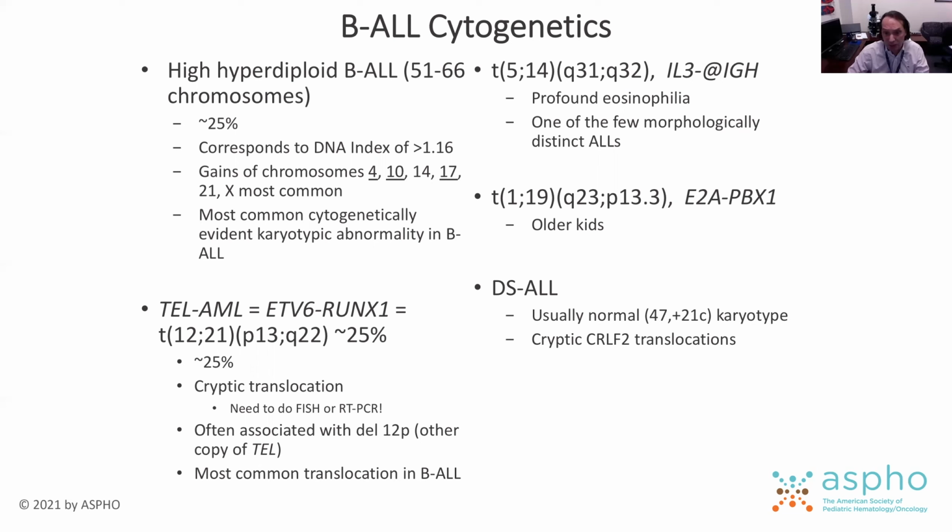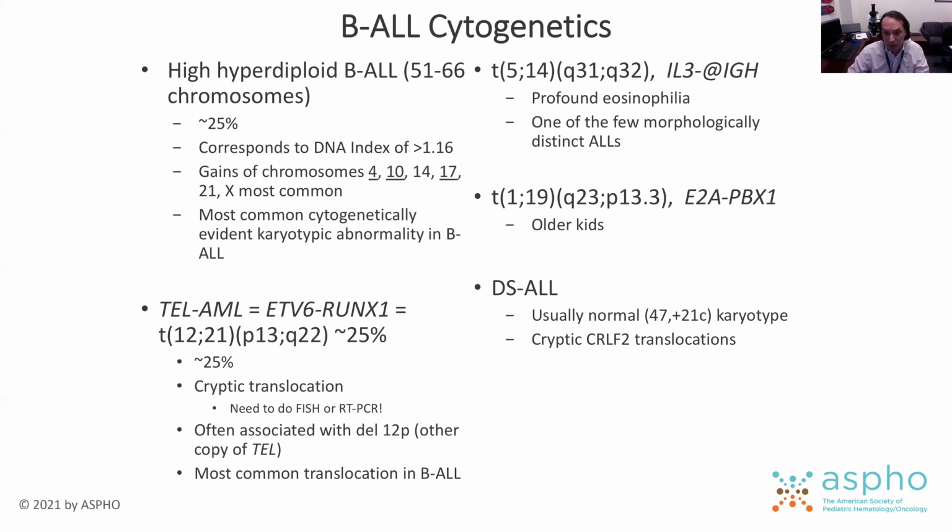And unlike this child who had Down syndrome ALL, most patients with Down syndrome and ALL have a normal apparent karyotype, but when we interrogate using FISH or other methods, they often have cryptic translocations of CRLF2 on the pseudoautosomal region of the sex chromosomes.